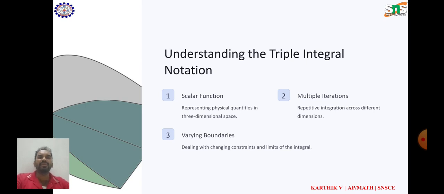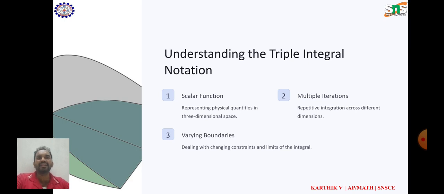Third one, volume element. The differential volume element is denoted as dV. It represents an infinitesimal volume within the region of integration. It is typically expressed as dx, dy, dz in Cartesian coordinates. Limits of integration. The limits of integration determine the boundaries of region R in each direction of x, y, z.